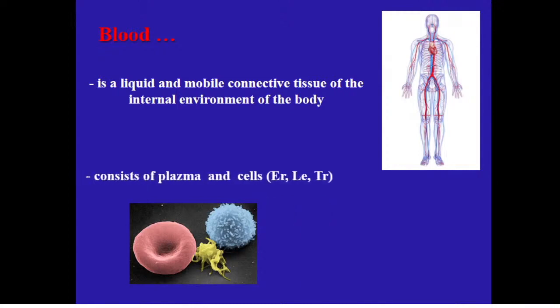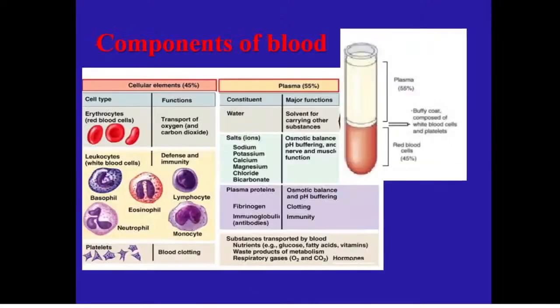Blood consists of plasma and cells: erythrocytes, leukocytes, and thrombocytes. Let's look at what components we will see in blood, and then we'll talk about them in more detail.